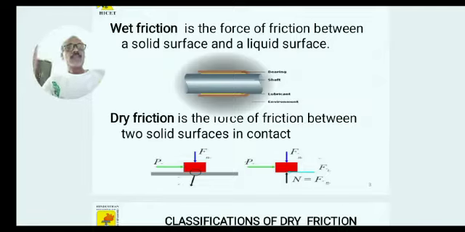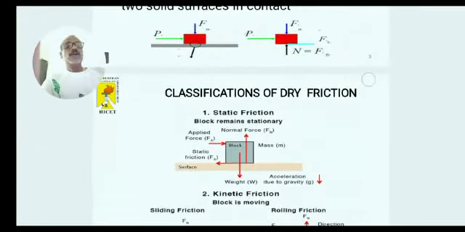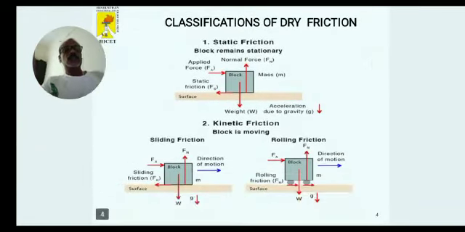The total weight always acts towards the center of the object, vertically downward, and automatically a reactive force is induced vertically upward. So the frictional force is always based on the normal reaction. These are the classifications of dry friction.